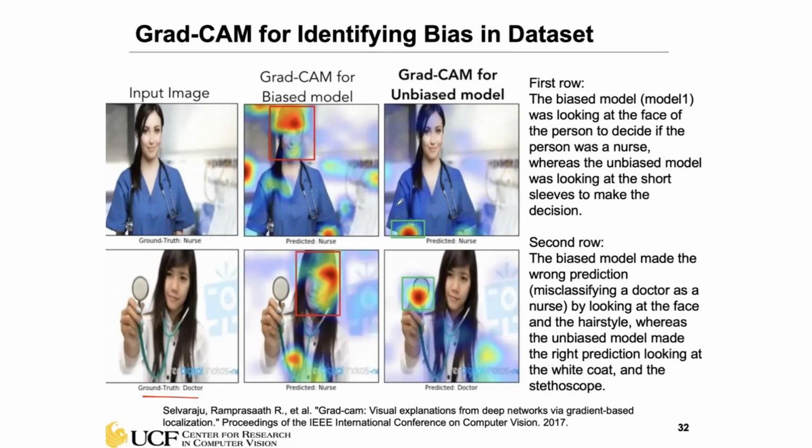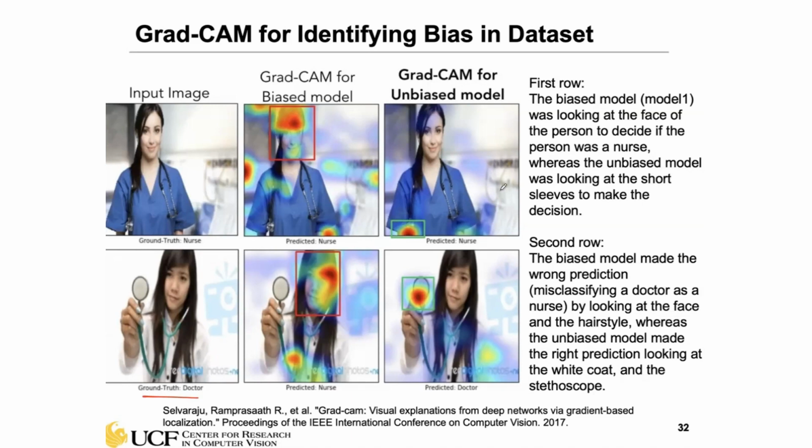Okay, so in the first row we have the input, and this is the Grad-CAM for the biased model. If the model is biased, the prediction of the model is nurse, and this is the Grad-CAM highlighted region, so it mostly highlights the face region, okay?